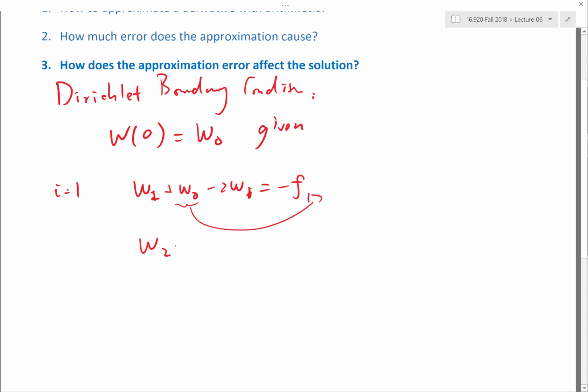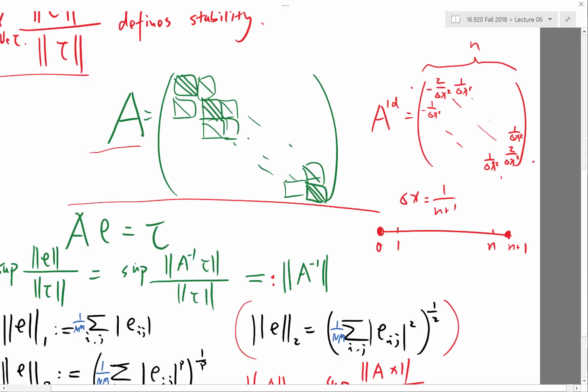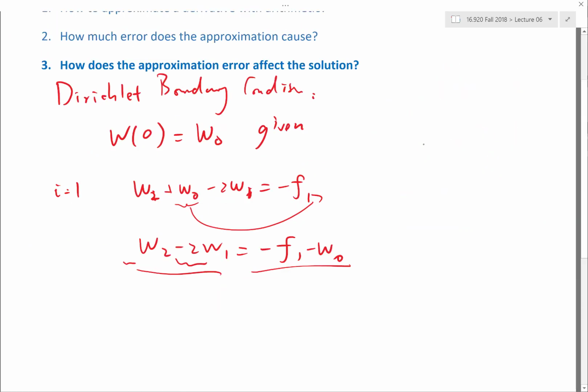It becomes W2 minus 2W1 is equal to minus F1 minus W0, right? These are the unknowns, and the coefficients are minus 2 and 1. That's what's over here. Sorry, I think I forgot to divide by delta x. So this is actually 1 over delta x squared, minus 2 over delta x squared, and there is also a delta x squared over here.